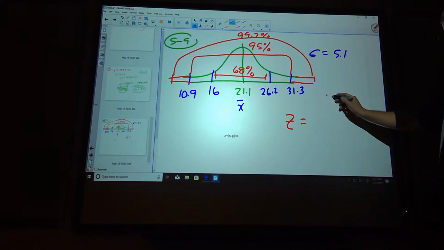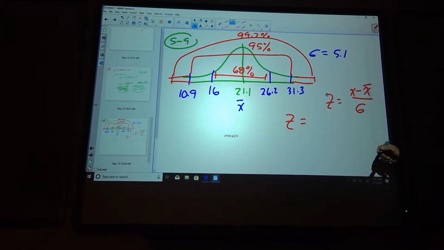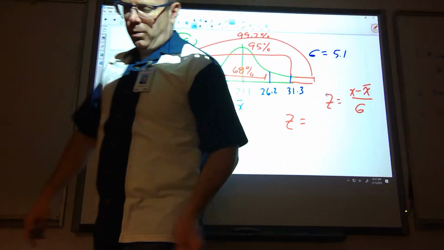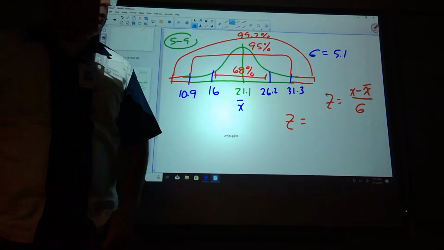So the z-score is x minus our mean over our standard deviation. Let's find out what our z-score would be. What percent of the students score below 21.1?